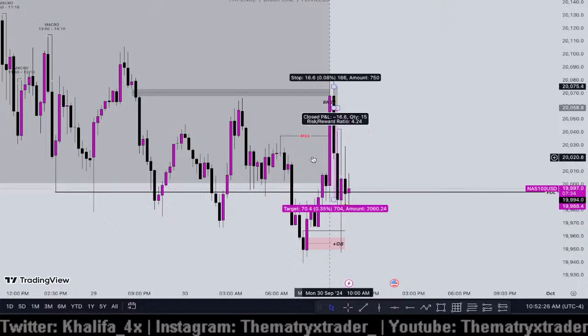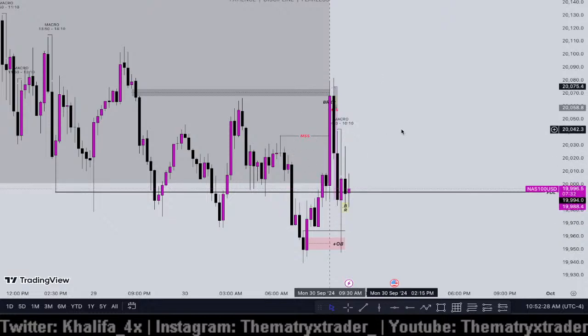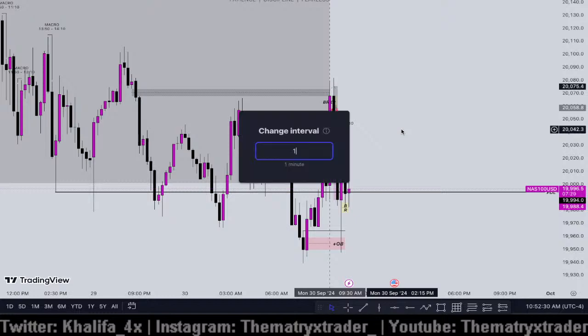We have this nice market structure shift here.